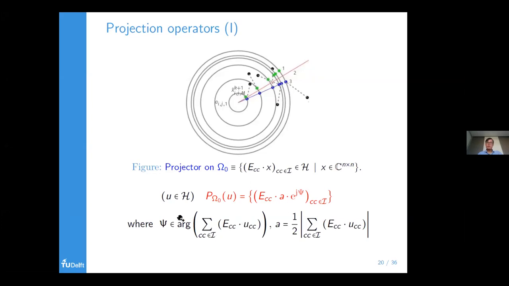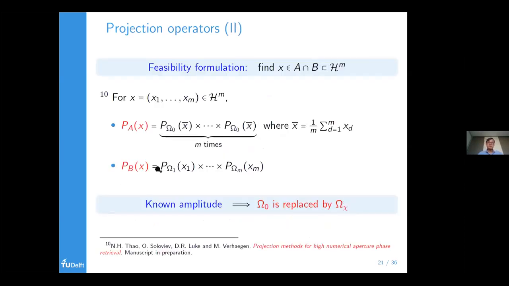By calculation, we can obtain the explicit form for this projector. Similarly, we can also obtain explicit forms for the projectors onto the intensity constraint and onto the amplitude constraint.